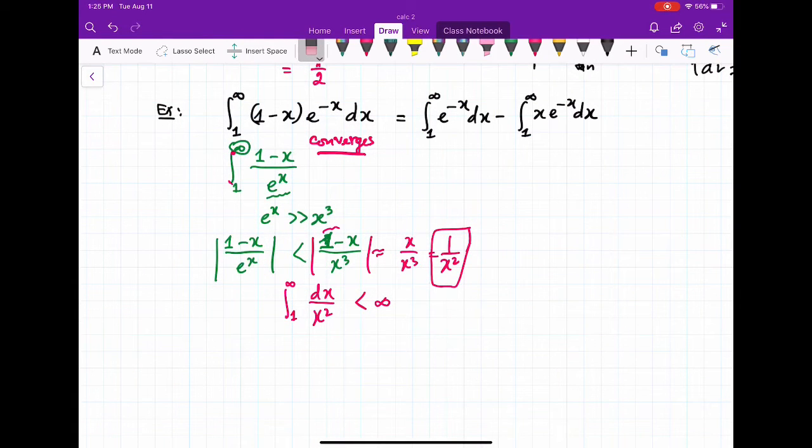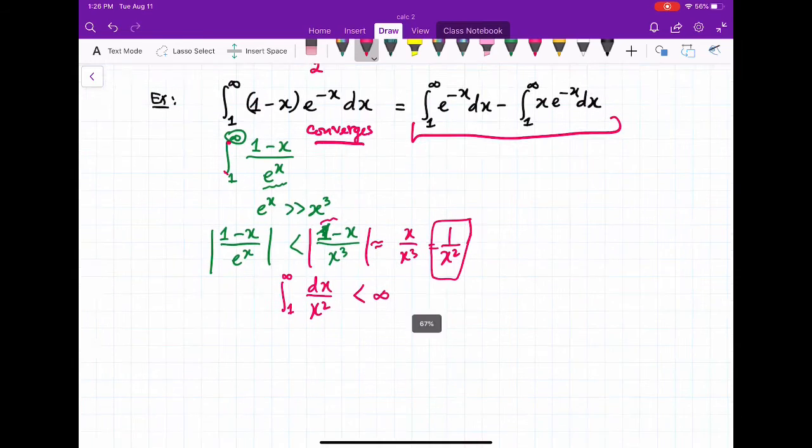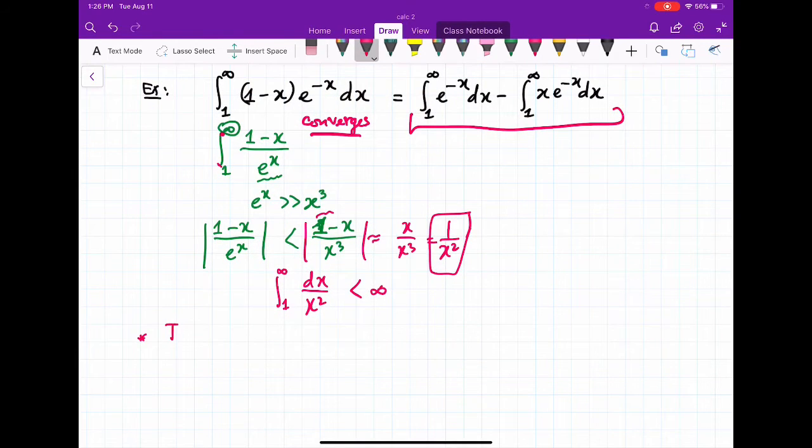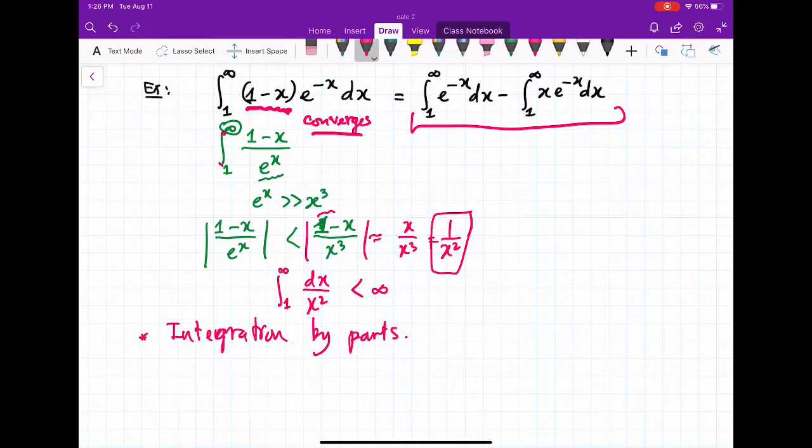I think we don't have to break the integral into two integrals. We may use integration by parts right from the original one. Okay, so I have to do integration by parts, as we learned, because when you have x in here with e to the negative x or e to the x, we need to do integration by parts.